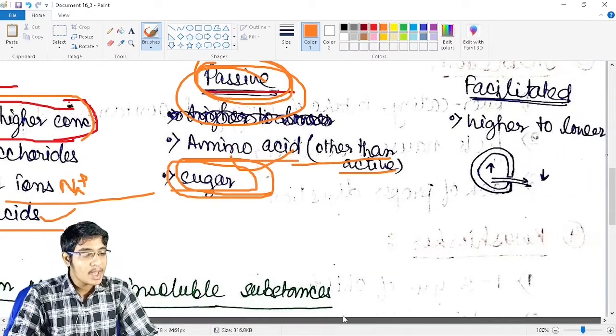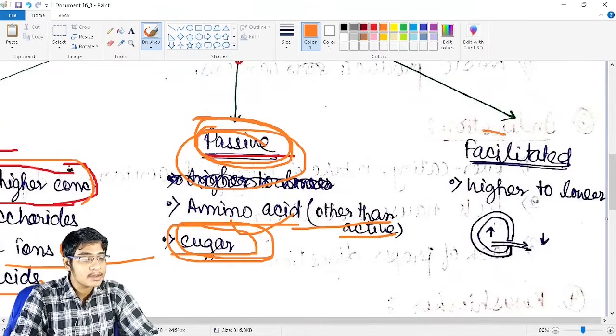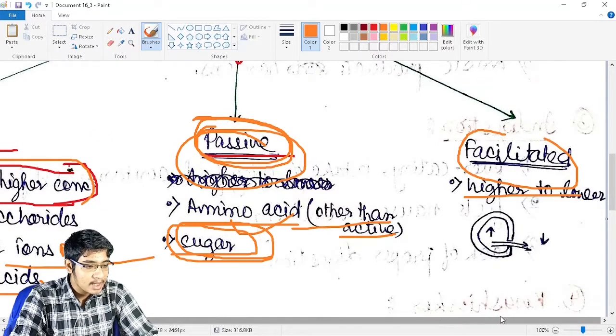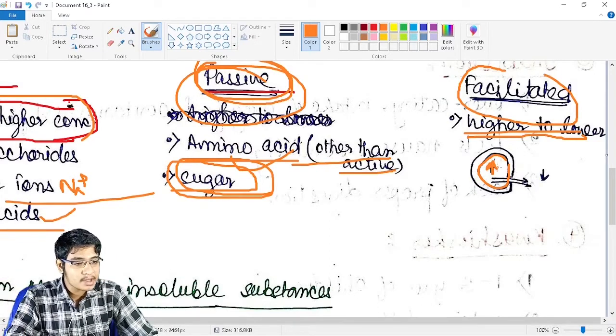Next, we have facilitated absorption. What is facilitated absorption? Higher to lower concentration is our facilitated absorption. Suppose this is the higher concentration area. Don't take this arrow otherwise, because this does not show the height.